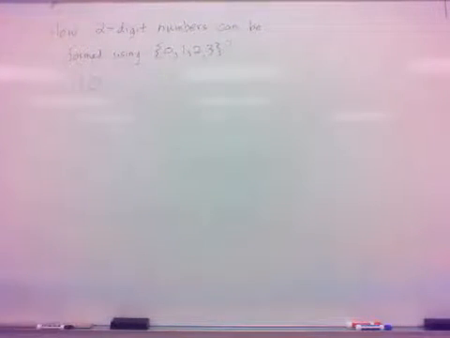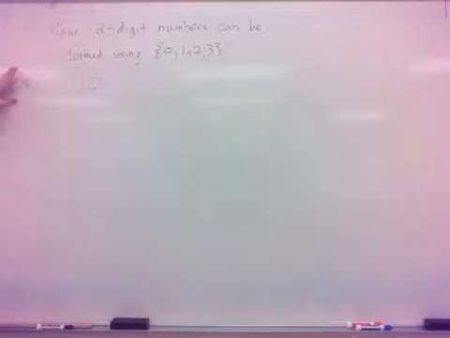I want a two-digit number, and so I don't start here with the 0, 1. 0, 1 is not a two-digit number, and why would that be? Well, the first digit doesn't count there.